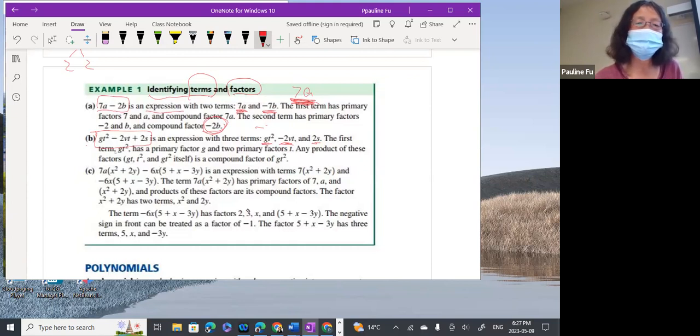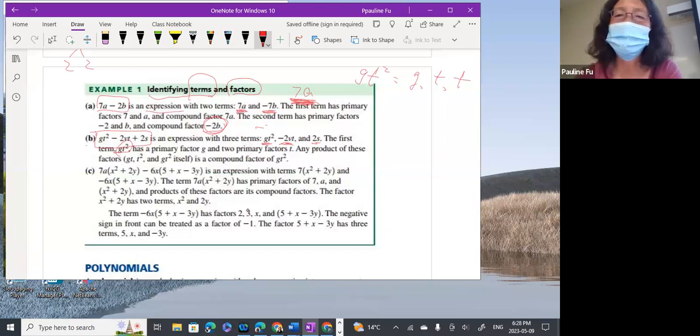The first term, gt squared, has primary factors g, t, t, 3 primary factors. If you say gt squared has 1 primary factor and 1 compound factor, that is also correct.